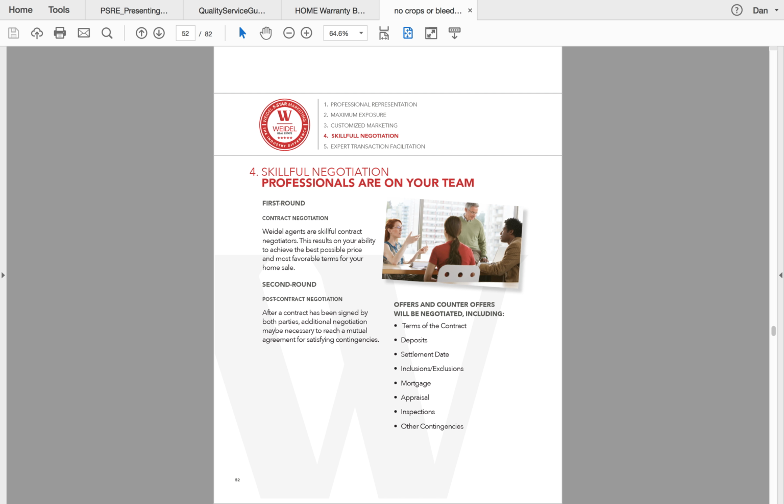So now I'm on page 52 of the services manual and page 56 of the instruction manual, and this has to do with negotiation. And what I'm going to say to the seller is that 5-star impacts the buyer's agents during the negotiation. In other words, 5-star helps bring both sides together.